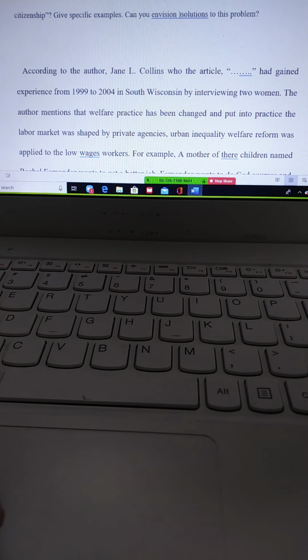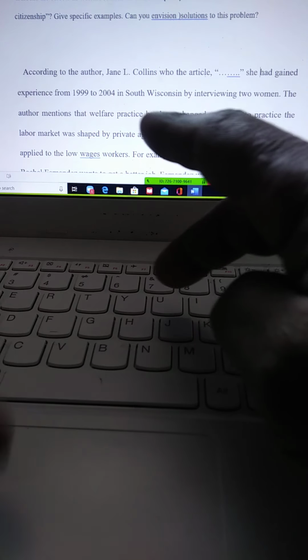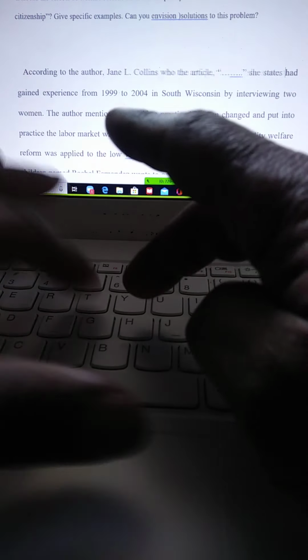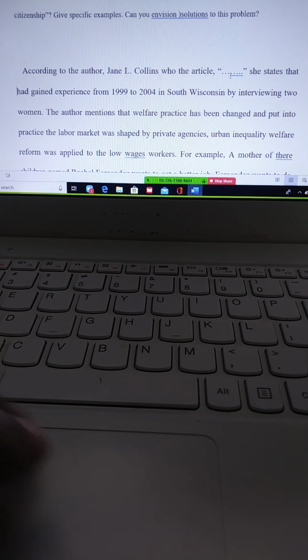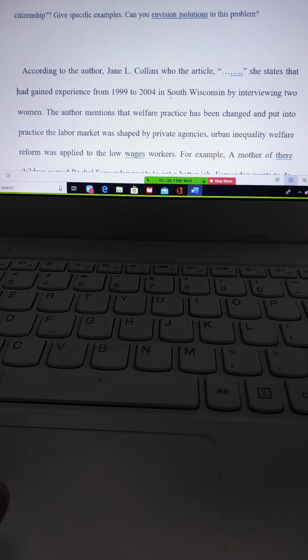So the author, Jane, she states that had gained experience in. So wait, who's? Let me see. According to the author, Collins, she said that had gained experience from.